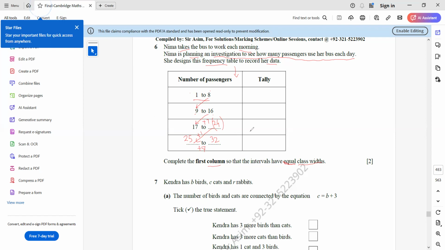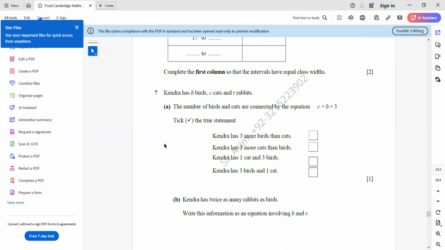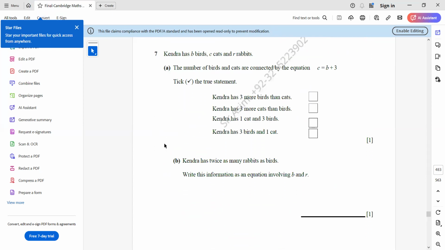Okay, then it is question number 7. Kendra has B birds, C cats, R rabbits. The number of birds and cats are connected by the equation C equals B plus 3. That means the number of cats is given by adding 3 to the number of birds.